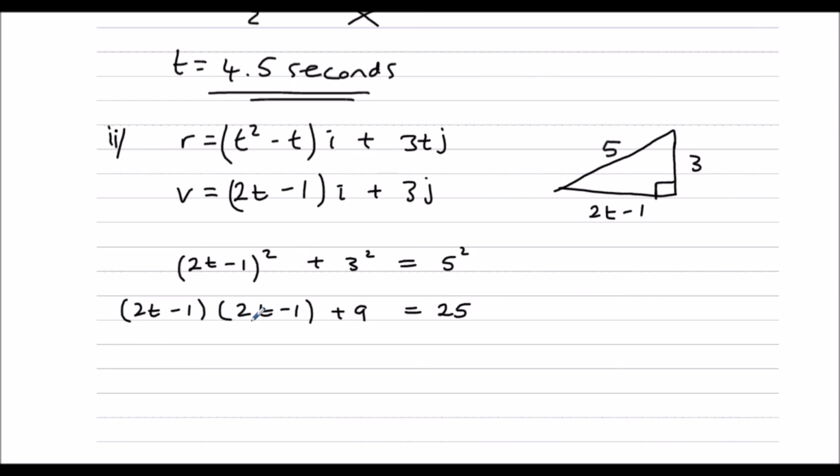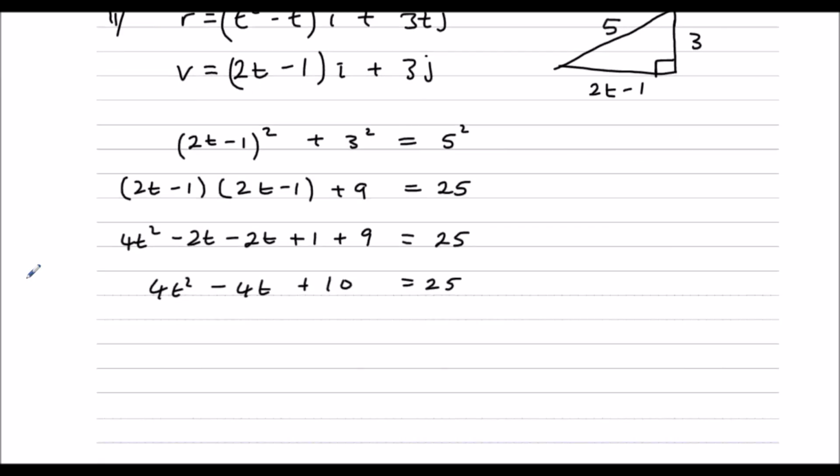Expanding the brackets, 2t times 2t is 4t², 2t times negative 1 is negative 2t, negative 2t again, and a negative times a negative is a positive, so -1 times -1 is 1. Collecting the like terms, we have 4t² - 4t + 10 = 25. And to solve the quadratic, we want it equal to 0, so take 25 away from both sides.